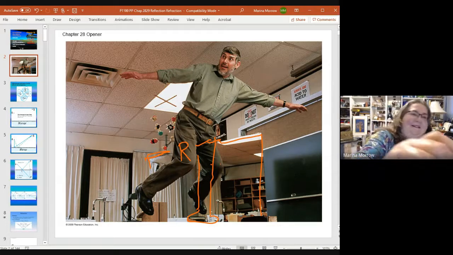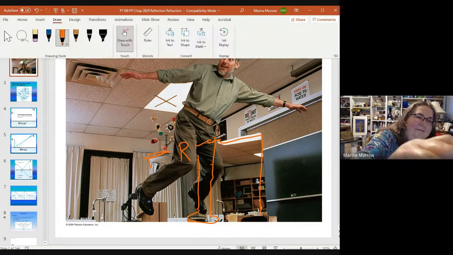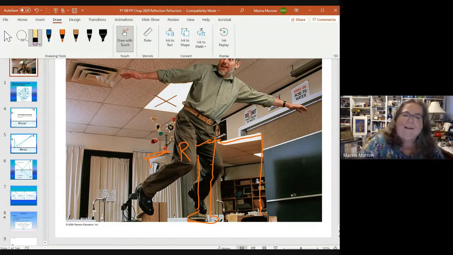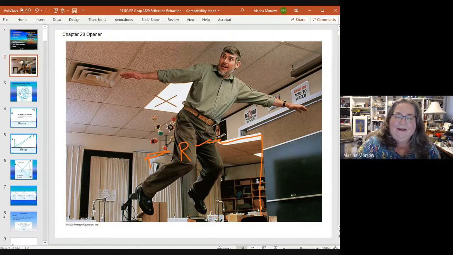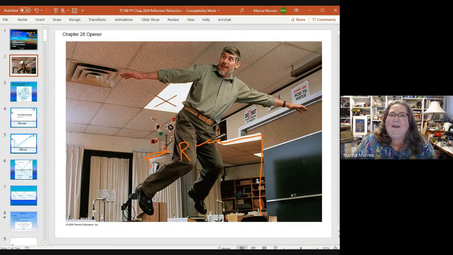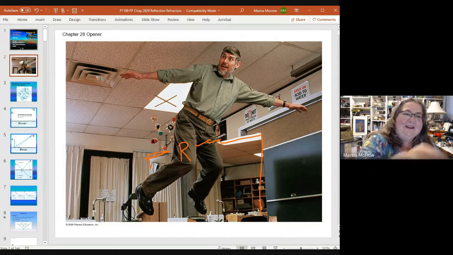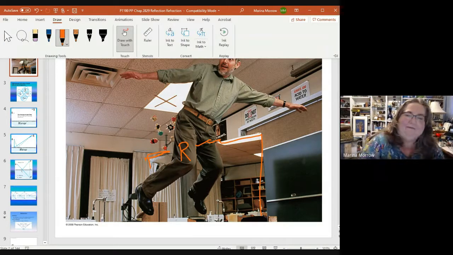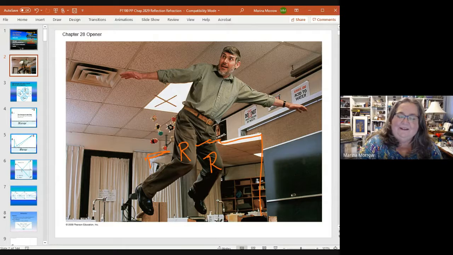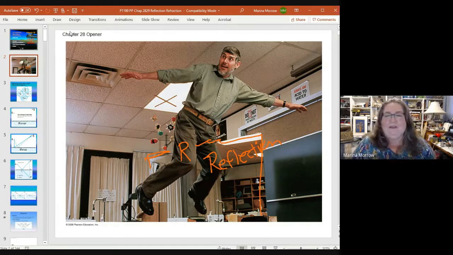So he is not balanced, standing, or flying on the mirror. He is standing with one leg behind the mirror. Okay, so you're seeing the right leg and the reflection of the right leg. So this is how magicians do it with mirrors, because our brains don't know about mirrors. We treat everything as real.